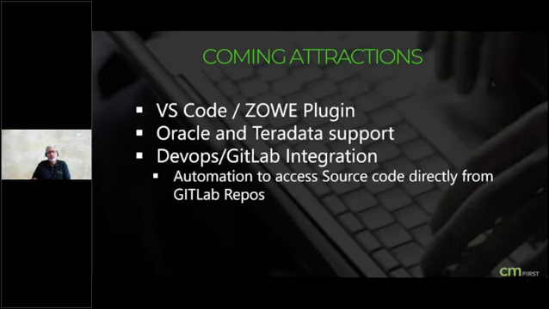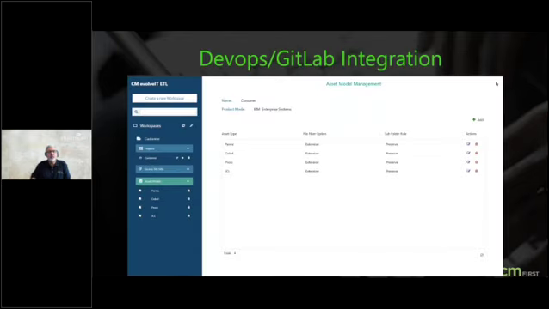But to load that information, if you're using Git, and we can certainly work with your legacy source code management too, we've got this GitLab integration. Let me just show a quick screenshot of that.